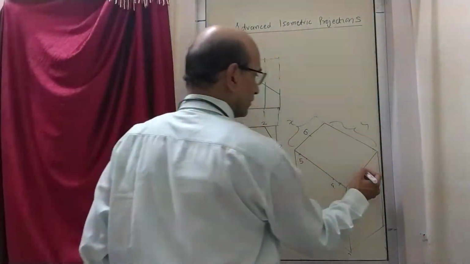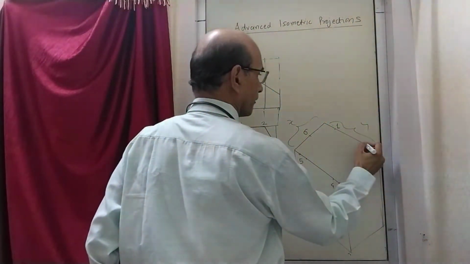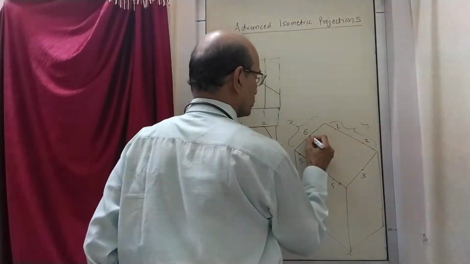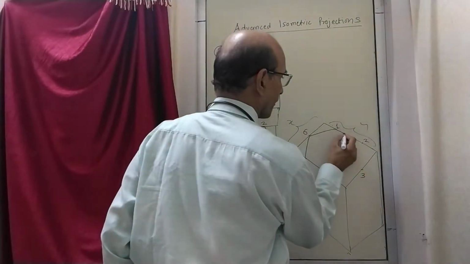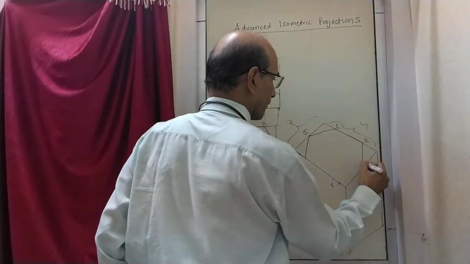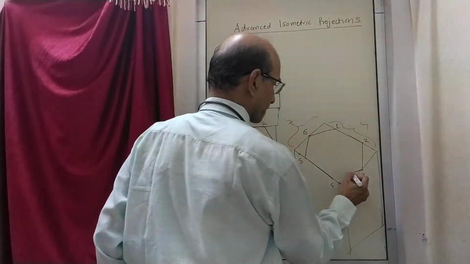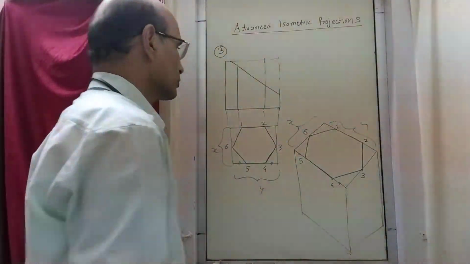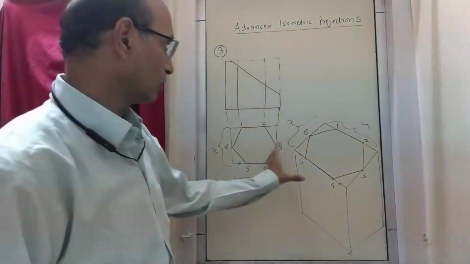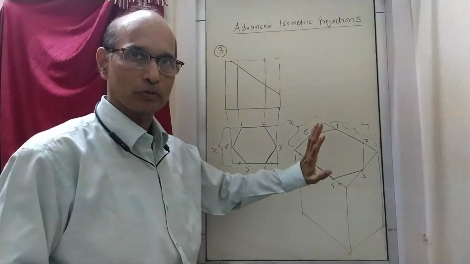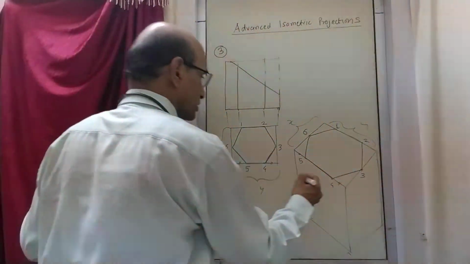Same thing, there is 3 at the middle, and then 1 and 2 somewhere here, so that you can join them. So this hexagon is drawn here in isometric. You can also see how the hexagon is drawn in isometric in the process. And then when you draw the vertical lines, then the necessary prism becomes ready.